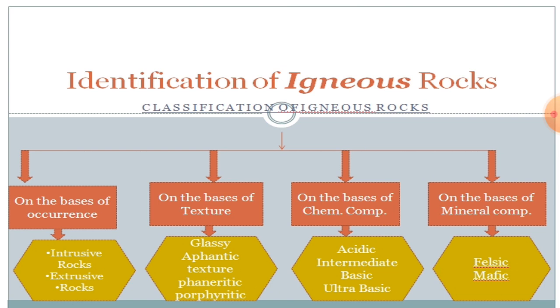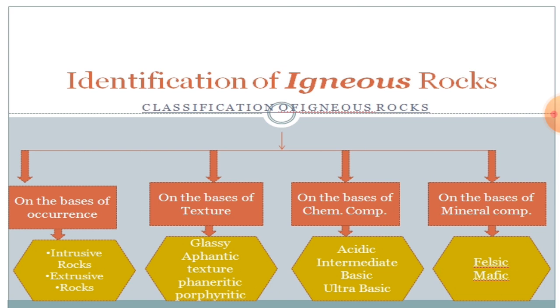Igneous rocks are also identified by their mineral composition. On the basis of the mineral composition, the rocks are divided into two groups. Number one is called the felsic rocks, and the second group is called the mafic rocks. Felsic rocks are those rocks which contain iron with silica.